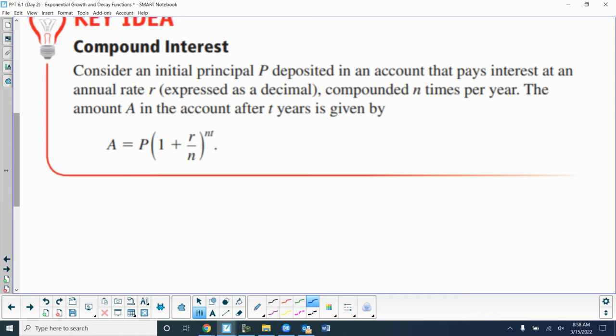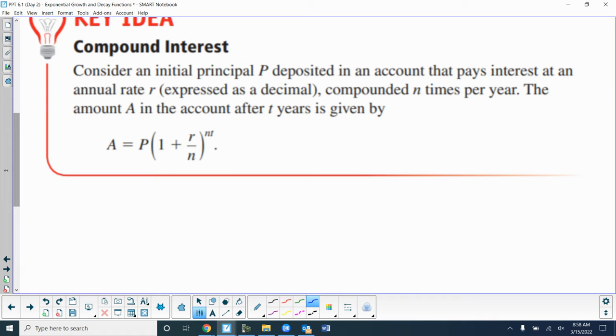The P represents the initial amount we start with. R is still a decimal like yesterday. That's that percentage rate. We'll move that decimal point to the left, just like yesterday. N represents how many times it's compounded per year, and then T represents the number of years, okay?